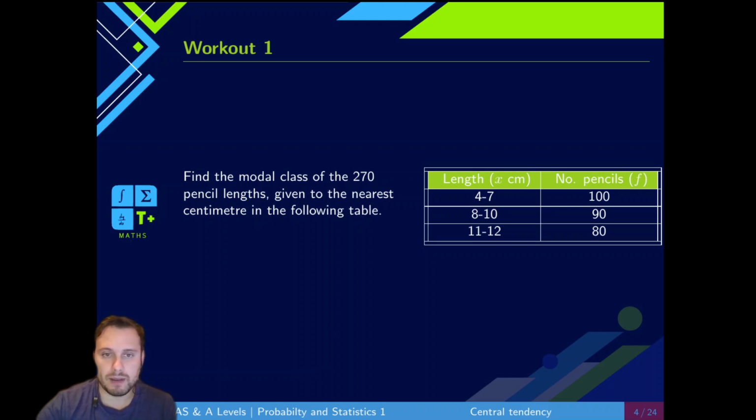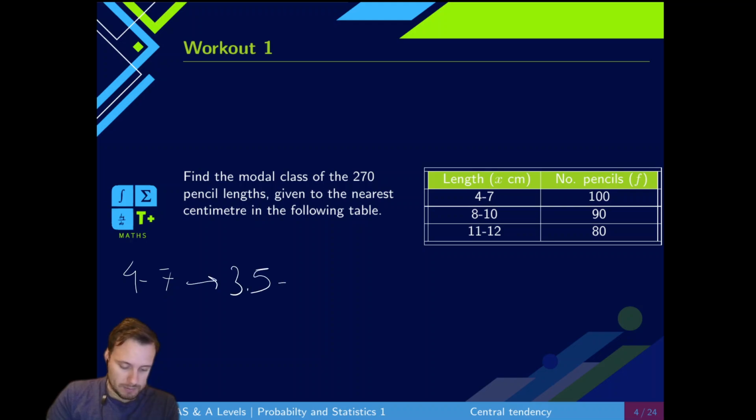We're going to begin by analyzing how this data works. The class for 4 to 7 is not actually 4 to 7, it's from 3.5 up to 7.5 because data is rounded, so we must consider that. And then the amplitude, I'm going to write it A, is 4, because this is the actual class, and here A stands for amplitude.